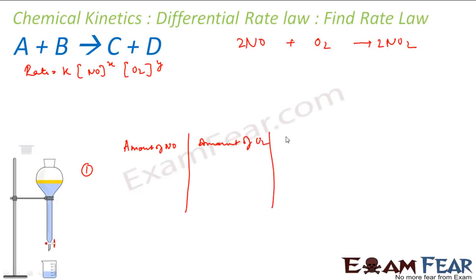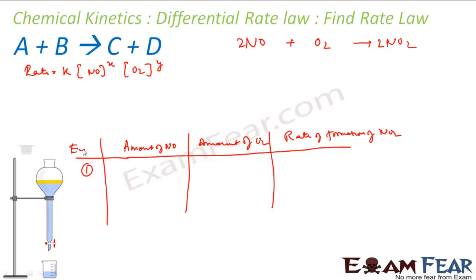And this is rate of formation of NO2, we'll put here. Right? This is my experiment. In experiment 1, let's take some concentration of NO and some concentration of O2, and let's suppose the formation of NO2 came out to be 0.02 moles per liter per second. Just assuming some values.